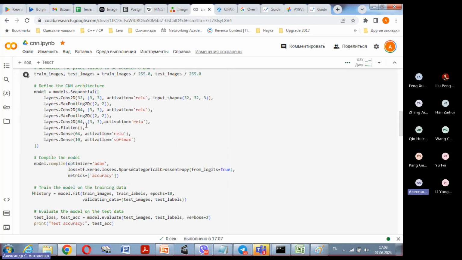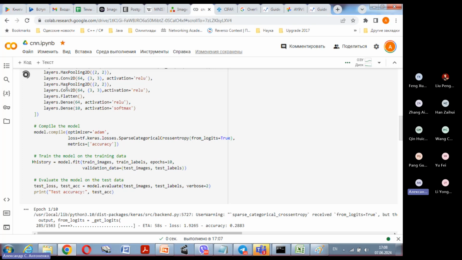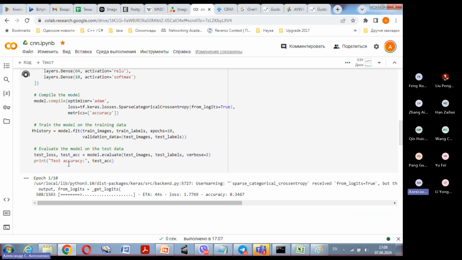Then it prints these pictures. Then it creates this model, compiles this model and starts. As you can see, it's now training. How does it look?